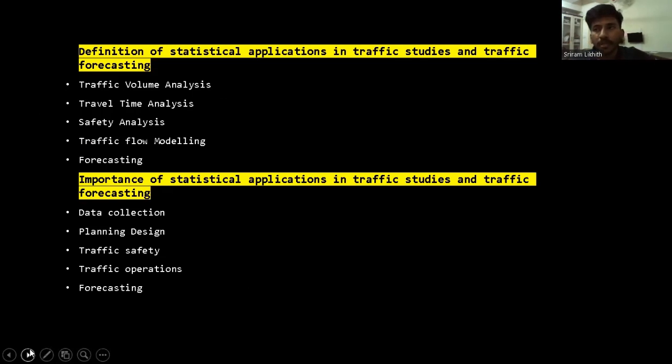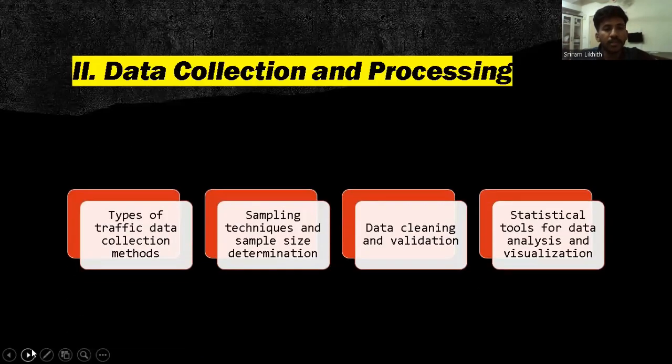Data collection can be done in many ways. In data collection and processing, there are types of traffic data collection methods, sampling techniques and sample size determination, data cleaning and validation, and statistical tools for data analysis and visualization.